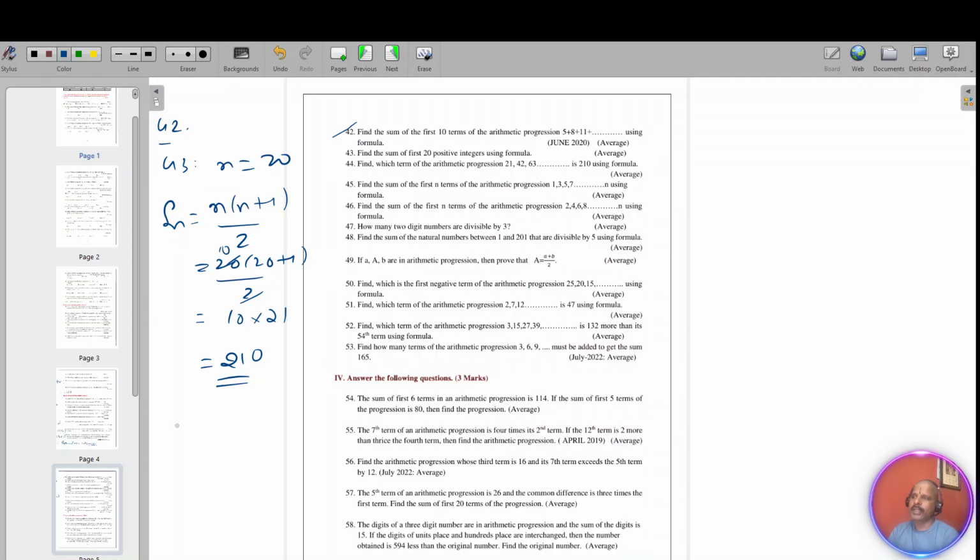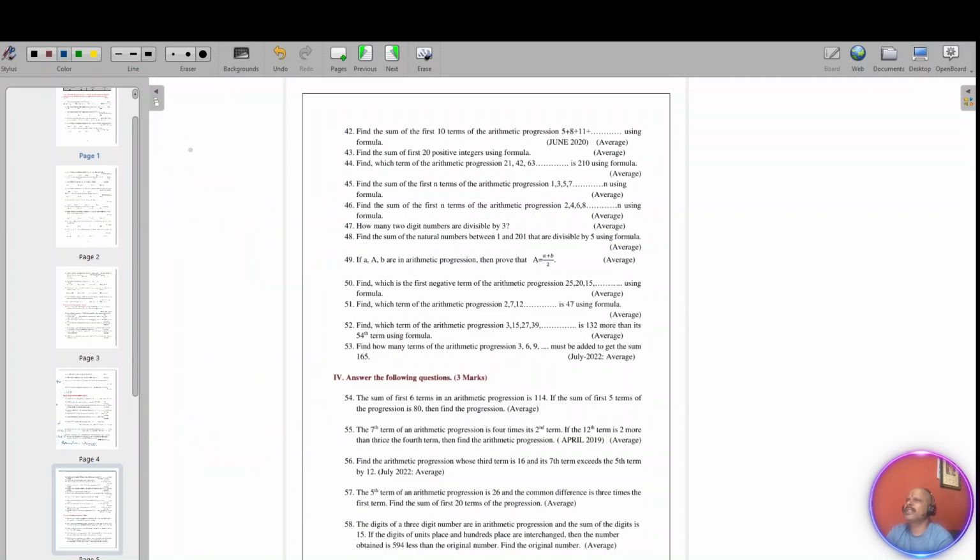That means the question is like this: 1 plus 2 plus 3, when you add till 20, what is the sum? So here A is 1, D will be 1. So the formula reduces to this actually. So you have to use the straight formula: sum of first n natural numbers is n of n plus 1 by 2. So we're done. It's a good question. 43 is done.